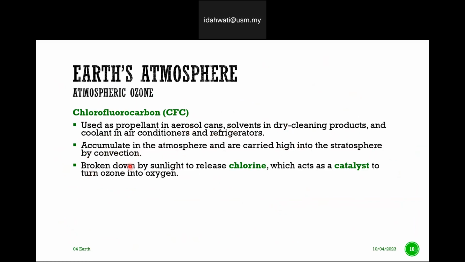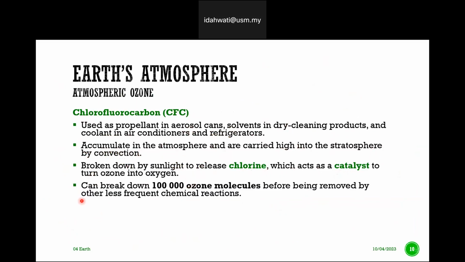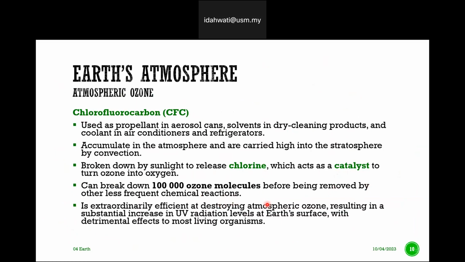It is broken down by sunlight to release chlorine, which acts as a catalyst to turn ozone into oxygen. This can break down 100,000 ozone molecules before being removed by other less frequent chemical reactions.